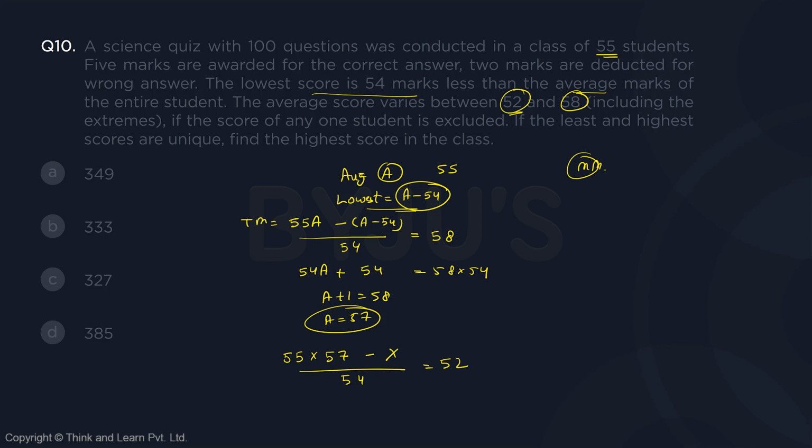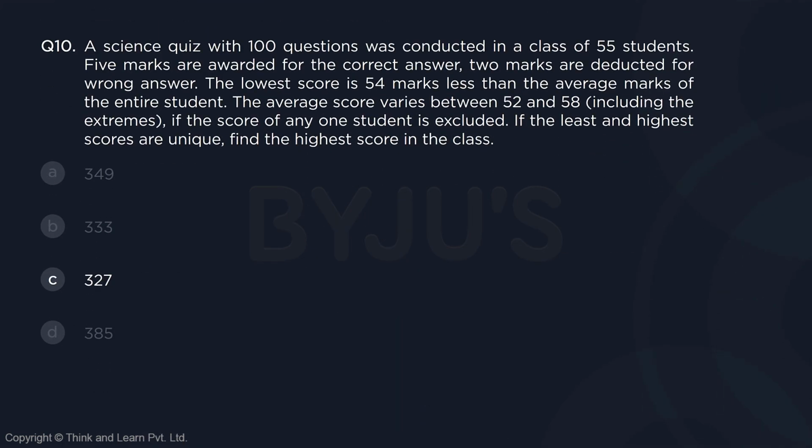So that gives you X as 55 into 57 minus 52 into 54. There is nothing common here, so I need to solve it and get the answer. The answer will come out to be 327.